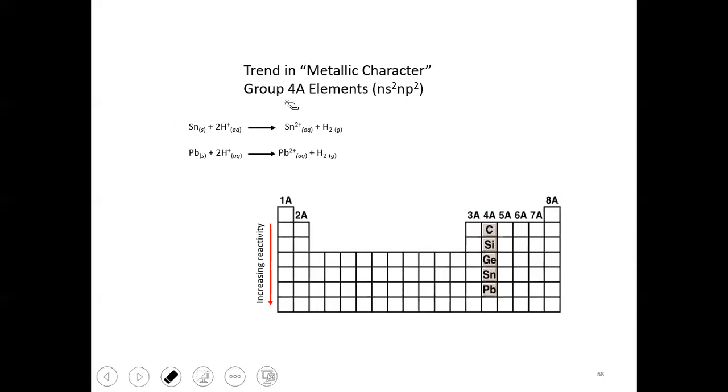So carbon, silicon, and germanium are reluctant to make cations in the first place. They don't want to lose electrons, whereas tin and lead will give up electrons to displace hydrogen. In other words, in this case, you are going from total non-metal carbon to total metal lead and tin. The metallic character is very dramatic here.